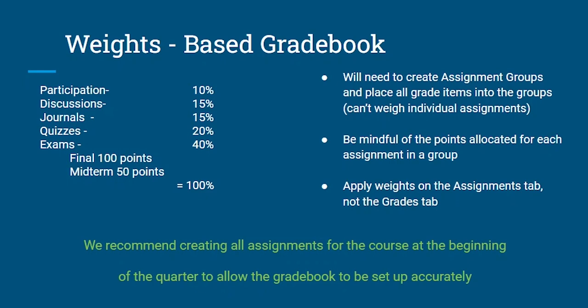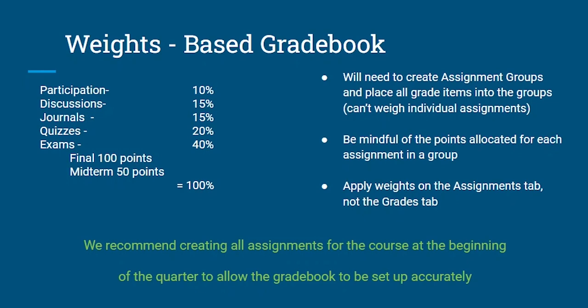As an example, on the left side here, I've got my various assignment groups and the percentages that I've set for them. And then under exams, I've got the two components that I have within my exams assignment group. I've got the final and the midterm.